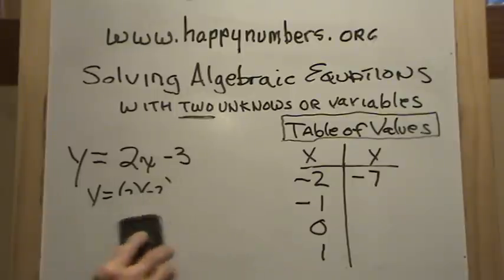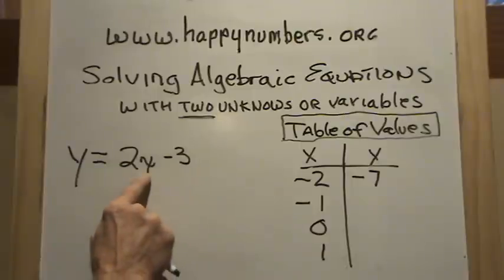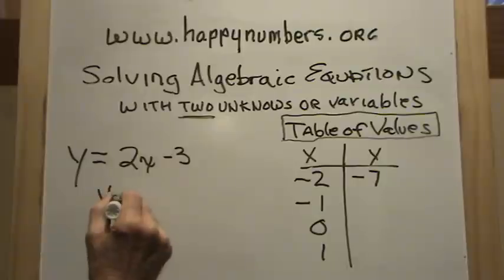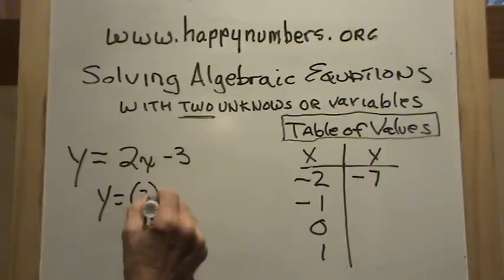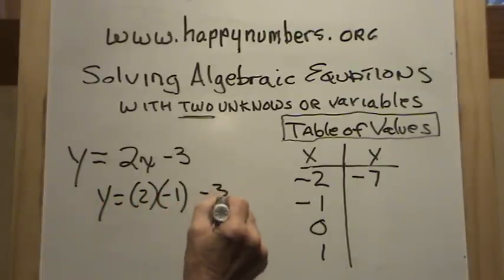Now let's look at when x is negative 1. So we'll substitute negative 1. Y is equal to 2 times negative 1 minus 3.